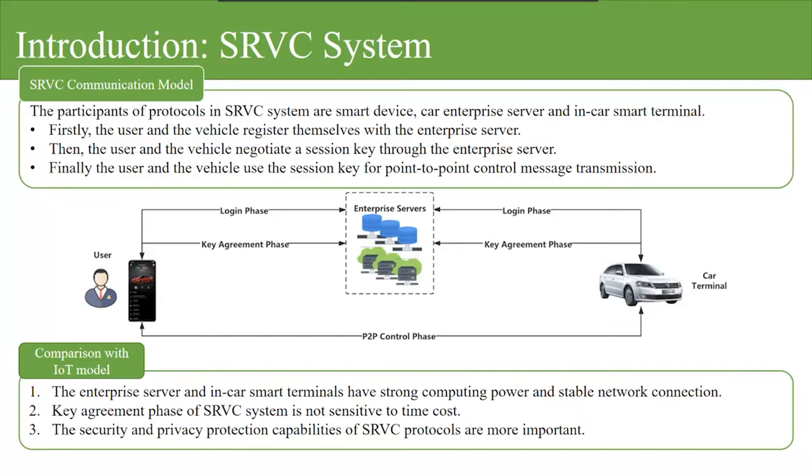Compared to the latency of a mobile network, the key agreement phase of the SRVC system is not sensitive to time cost. The third, the security and privacy protection capabilities of SRVC protocols are more important, for vehicle control is closely related to human life safety.